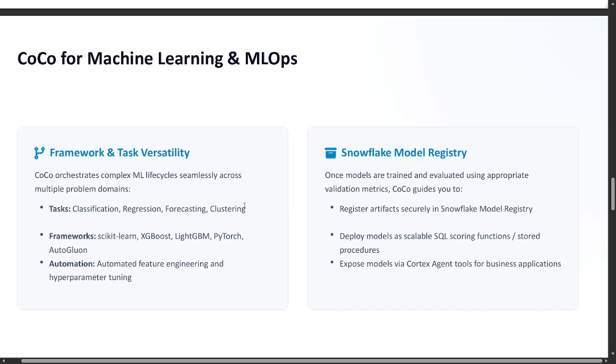Once your model is trained, CoCo guides you through MLOps best practices as well, registering your artifacts securely in the Snowflake Model Registry, deploying them as a scalable SQL scoring function or stored procedure, and exposing them to business apps via Cortex agent tools. That is what it can do. See how easy it has become.